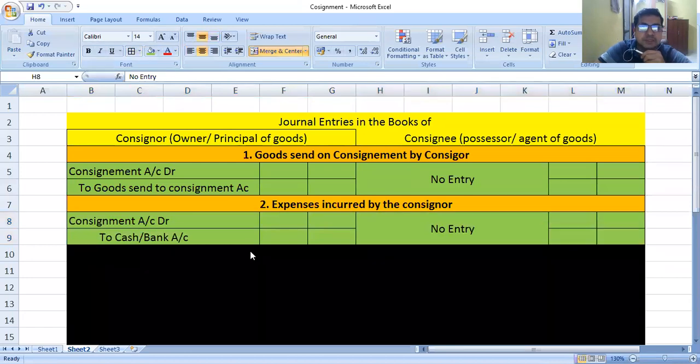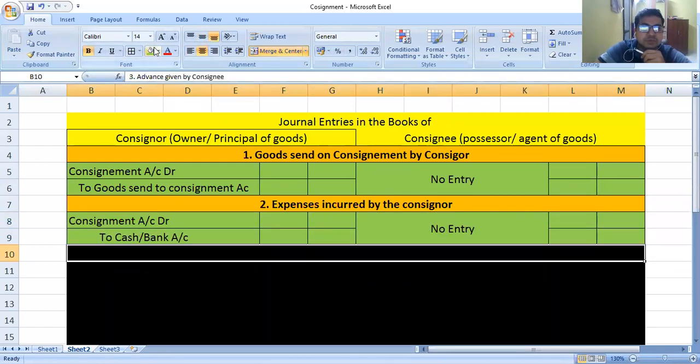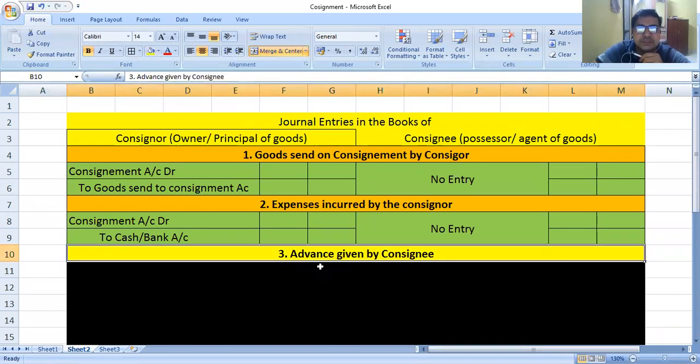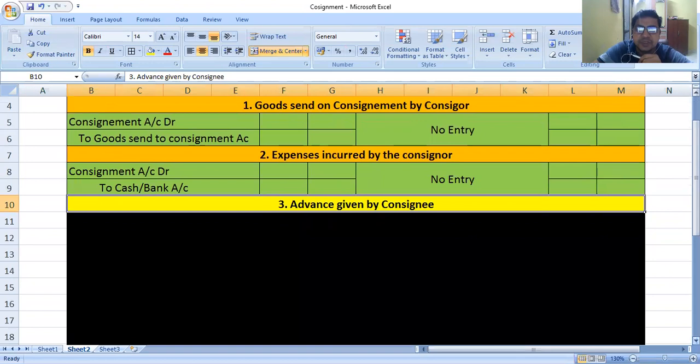Then friends, next transaction: advance given by consignee. Advance means advance money given by consignee, after the sale or before the sale of the goods.